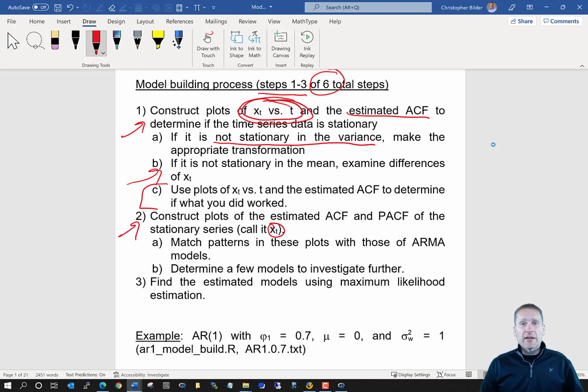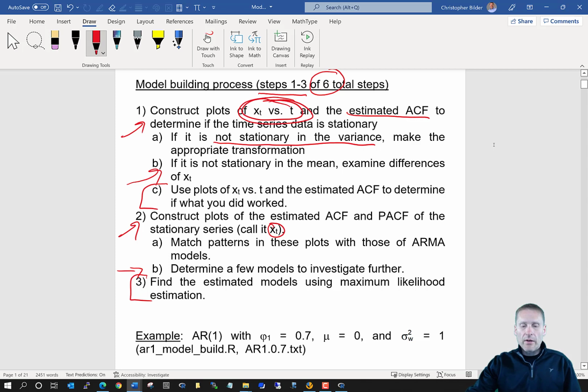We've talked in the past about how you look to see, does an estimated ACF or PACF cut off to 0, or does it perhaps tail off to 0? And that kind of information leads to choosing, well, do I use p equal 1 or p equal 2 or q equal 1, q equal 2 for our ARIMA model? And from that, you might get a number of different candidate models to examine further. Then with these particular models, you go to step number 3 and you estimate them using maximum likelihood.